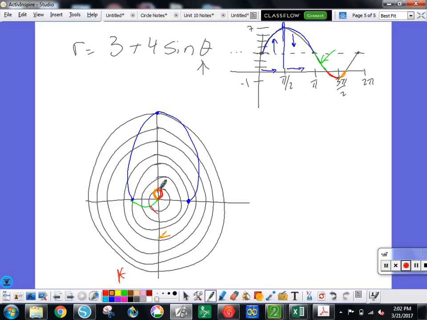With me? And then, if you'll notice, from here on out, it's just what it is, right? So at 2 pi, I'm back at 3. Where I went from 0 to 2 pi, boom, notice, there's our graph with a little loop on the inside.